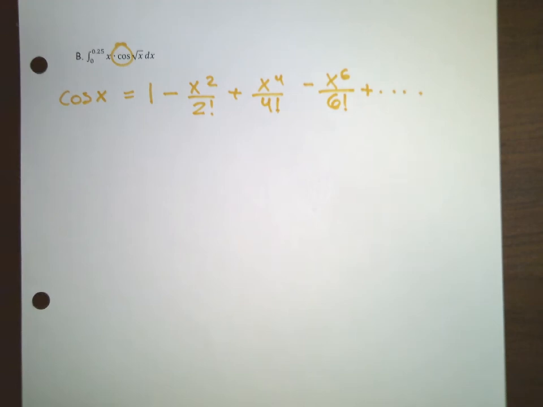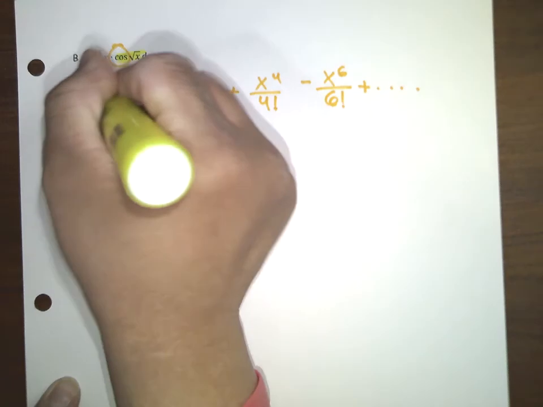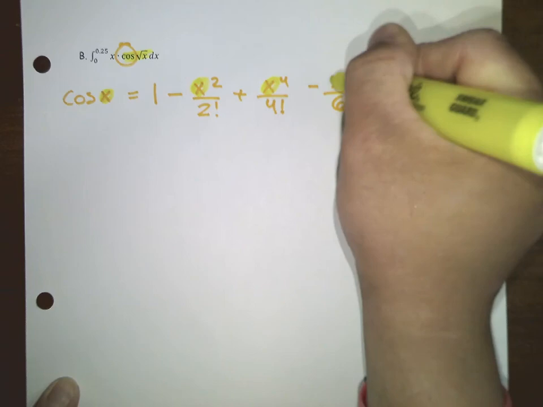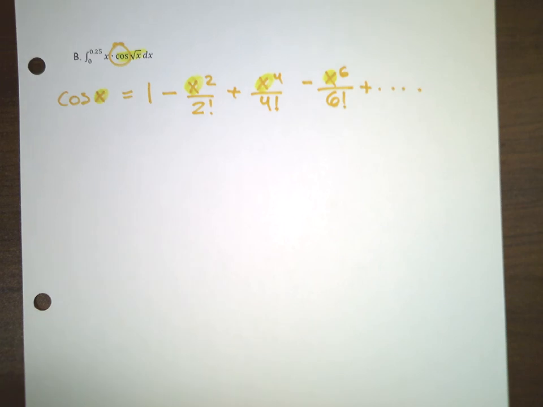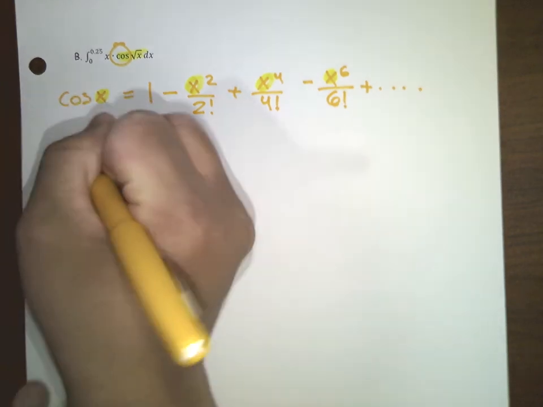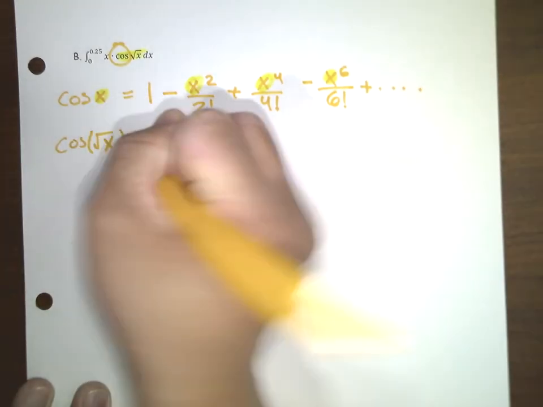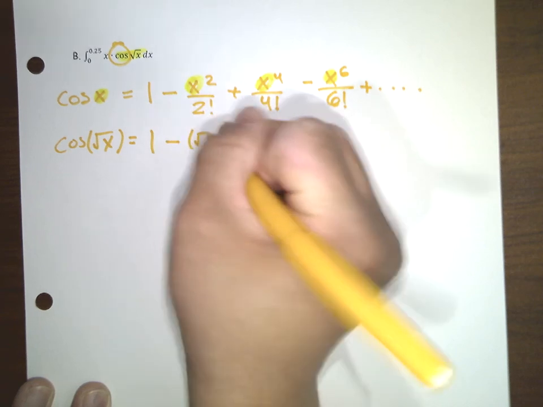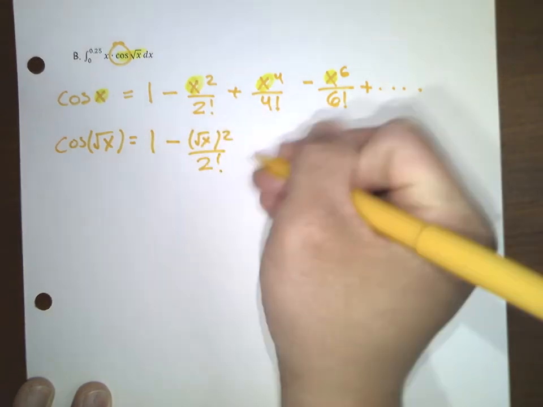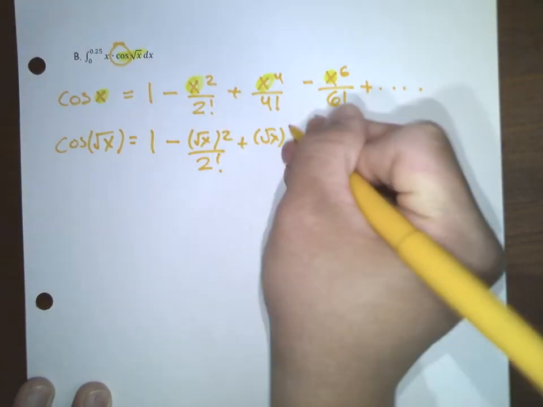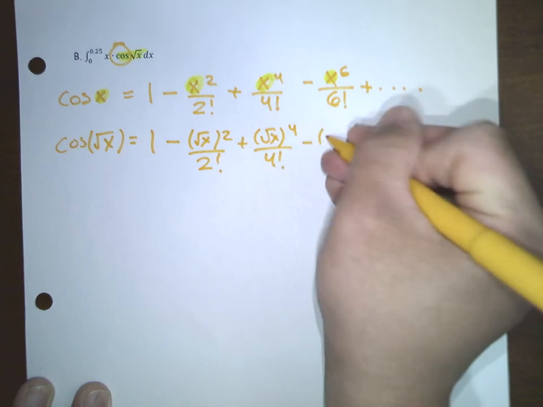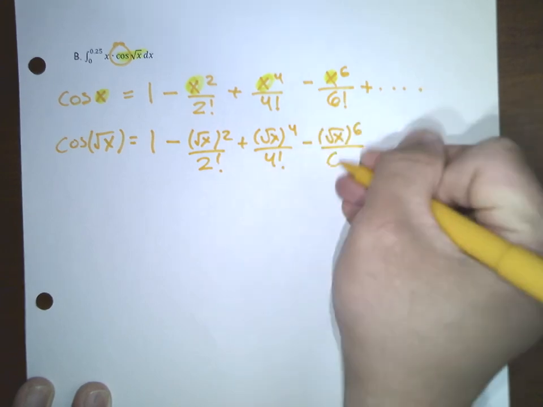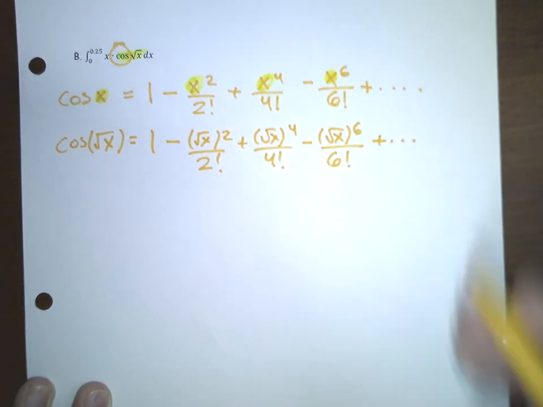All right. So then I need the cosine of not x, but instead the square root of x. So I'm going to replace the x's with the square root of x's here. So this will be cosine of the square root of x is 1 minus square root of x squared over 2 factorial plus square root of x to the fourth over 4 factorial minus square root of x to the 6 over 6 factorial, and so on.